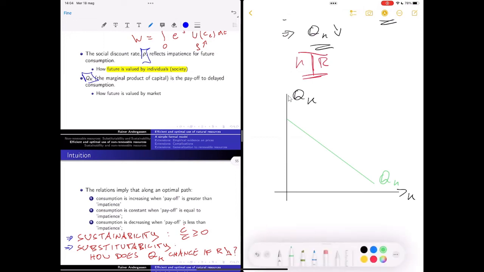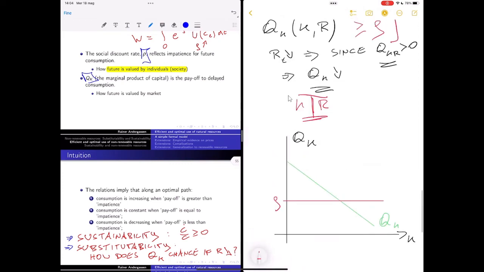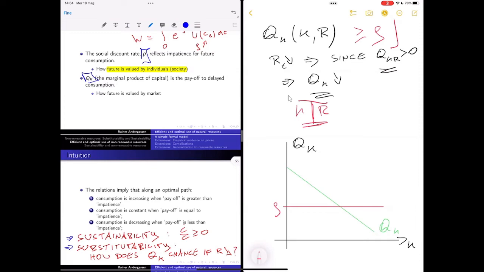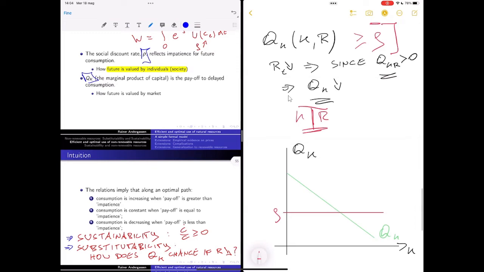And then what I can also draw here is my rho. Sorry, sigma is the elasticity. Now, what happens is the following.